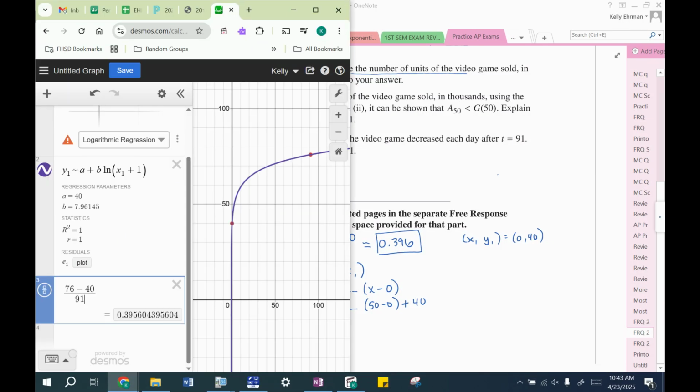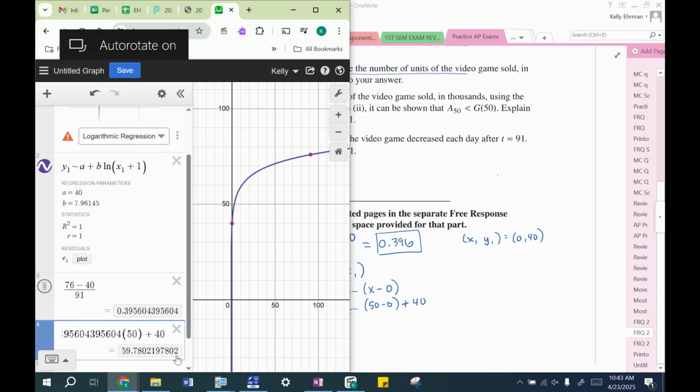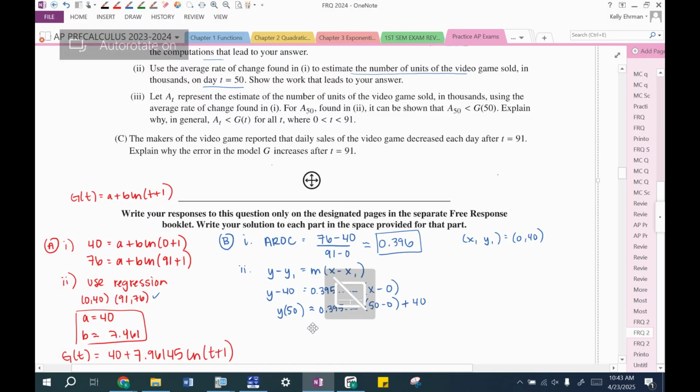And so I can, again, do this in Desmos. So I could say, all right, what is this answer that I got? Copy, paste, times 50 plus 40. It's 59.780 to 3 places.